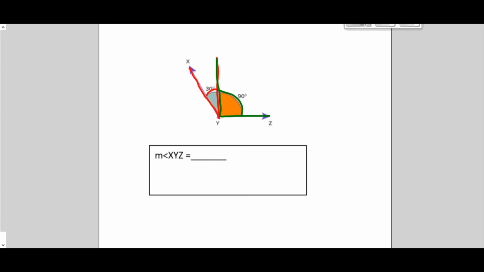So I know those two small angles. And the total angle that I'm looking for, XYZ, I'm looking for the measure of that angle. Well, that's all of the first angle, the green angle, plus that red angle. So this is going to be 90 plus 30. So this is 120 degrees.